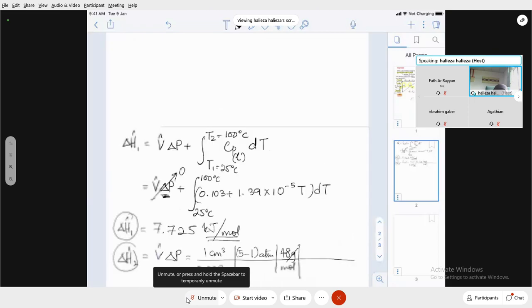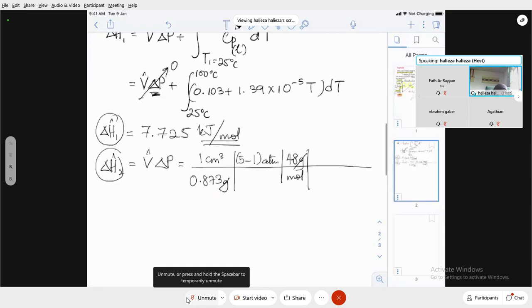Let's go back to this. I'm going to cancel atm, so I'm going to use 0.08206 liter atm per mole per Kelvin. I can cancel the atm, and I need to cancel the centimeter cubed and the liter.